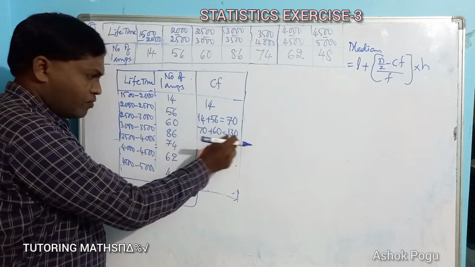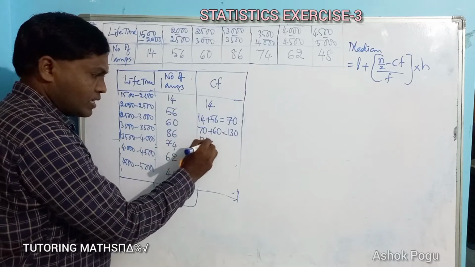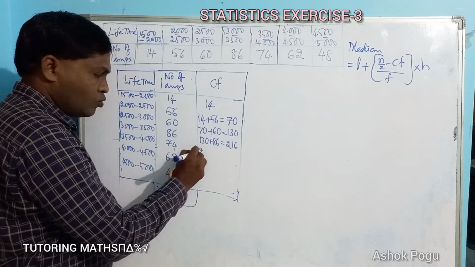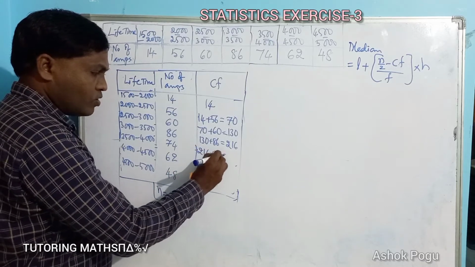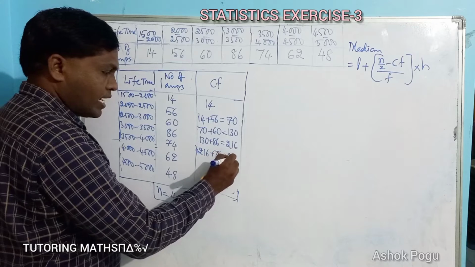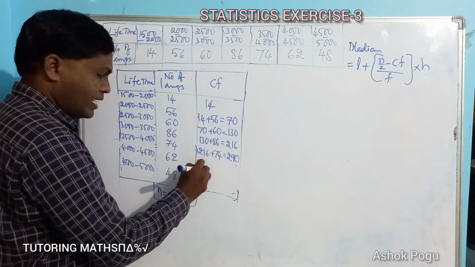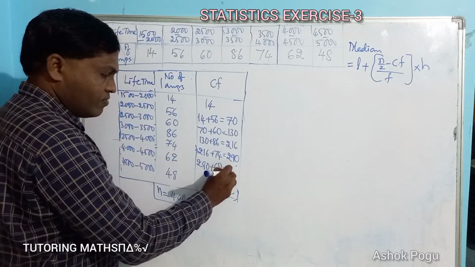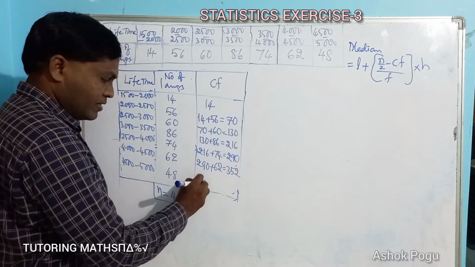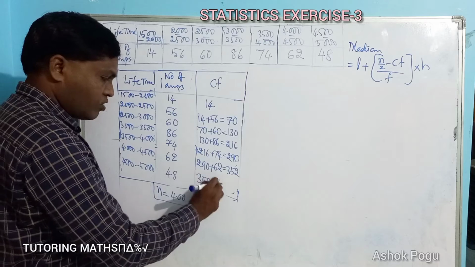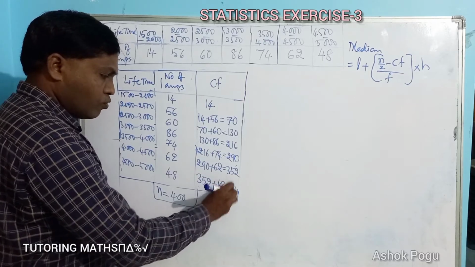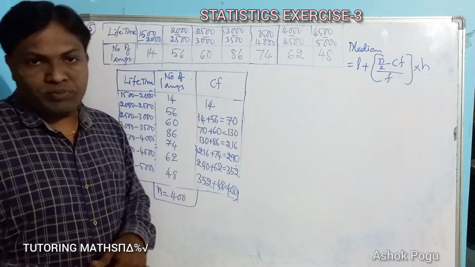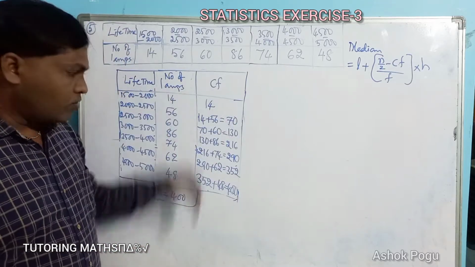Just go on adding: 130 plus 86 is 216, 216 plus 74 is 290, 290 plus 62 is 352, and finally 352 plus 48 gives 400, which is the sum of all the observations, the total number of neon lamps.